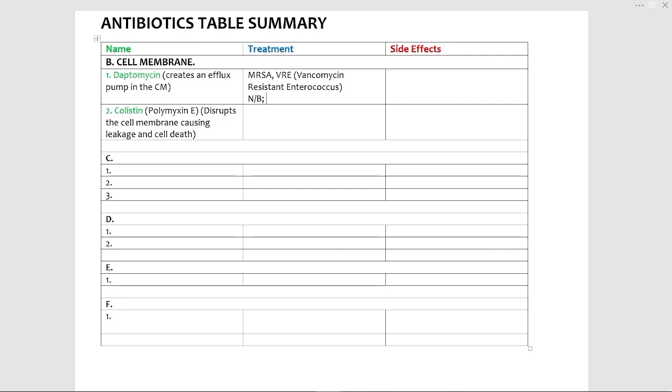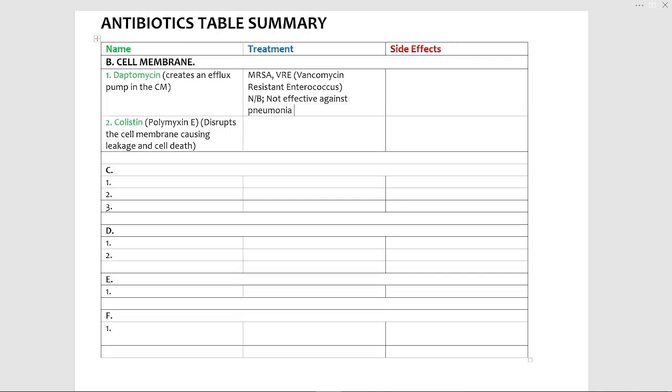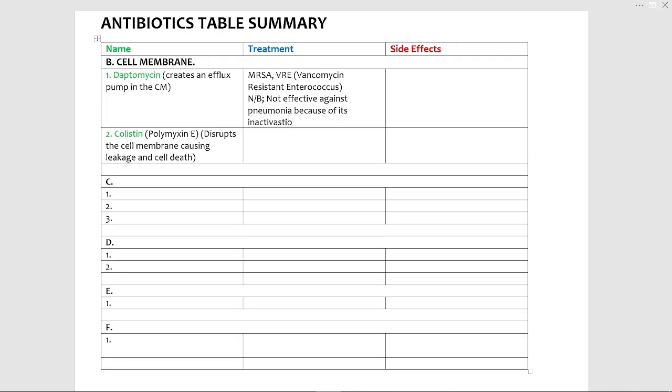So you can just add here: it's not effective against bacterial pneumonias because of its inactivation by surfactant.